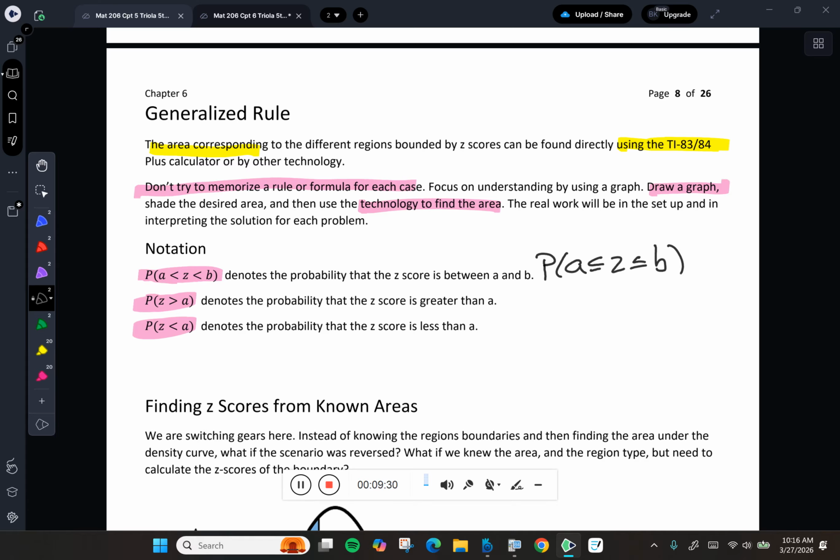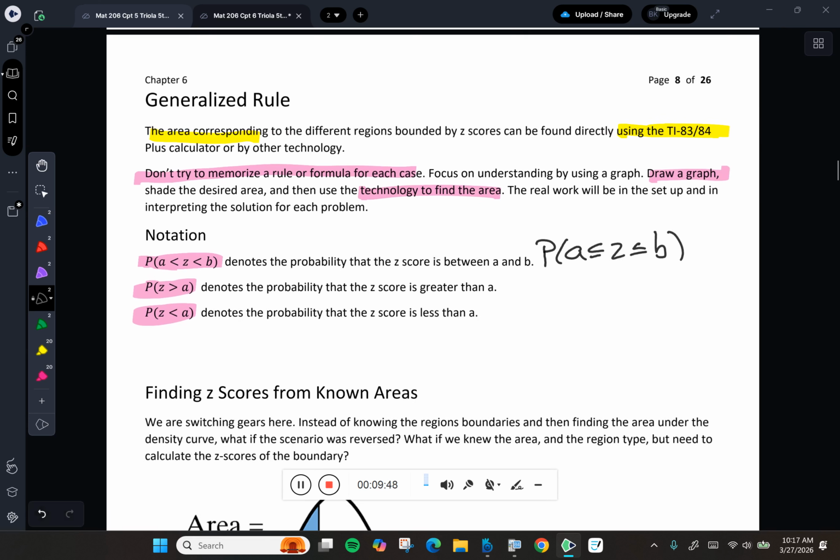It's just the way the calculus works. So we don't focus on whether it's a strict less than or a less than or equal to. That's not a big thing to focus on. Focus on left tails, right tails, and working backwards from there. Finding the proper region using the graphing calculator.